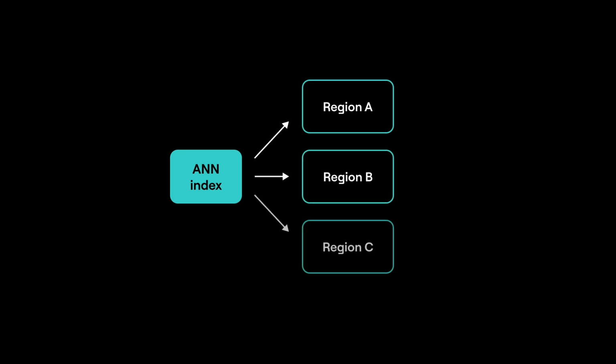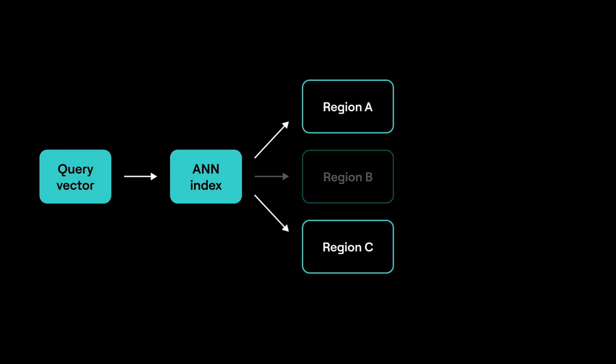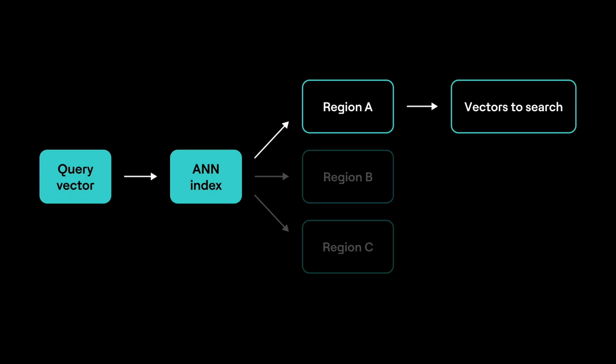Most systems use approximate nearest neighbor, or ANN indexes, that organize vectors into similar regions. When a query comes in, the index navigates towards regions likely to contain relevant results. The goal is to scan only a subset of vectors, trading a small and acceptable loss in recall for significant gains in speed and efficiency. I'll be covering specific indexing strategies later in this series.